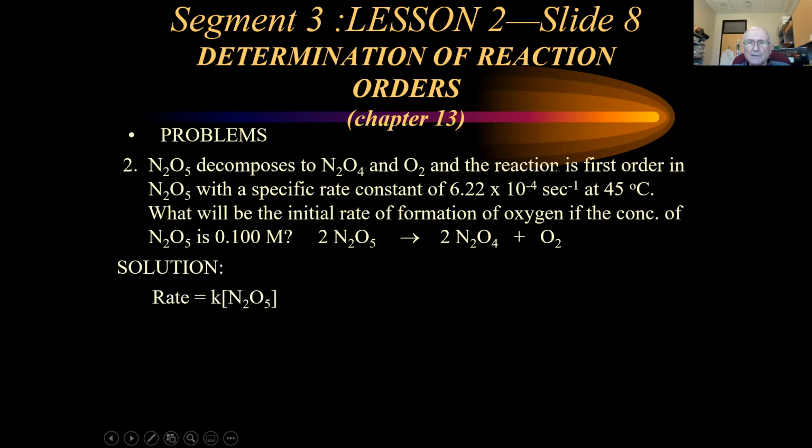We know from the given information that it's first order, so the rate is k times N2O5 raised to the first power. And we are told that the rate constant is 6.22 times 10⁻⁴ seconds⁻¹.